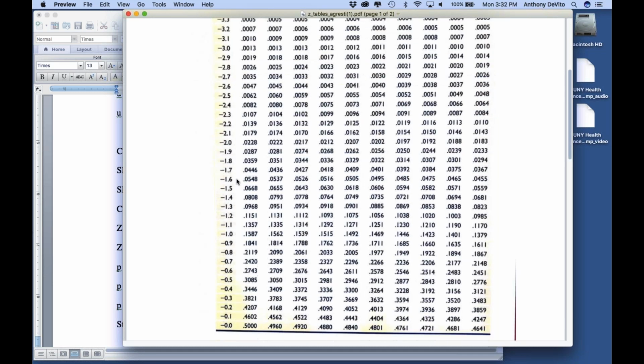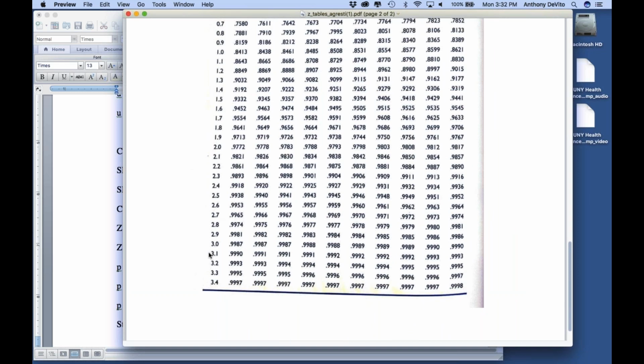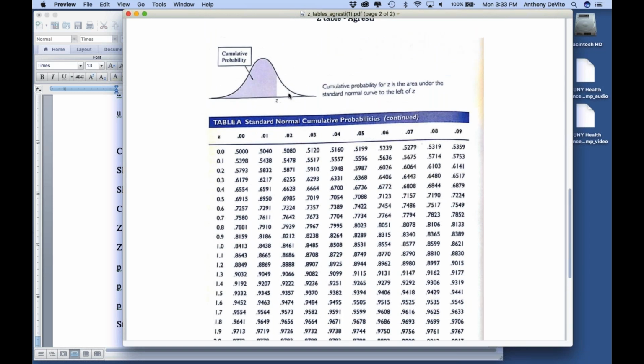I'm just saying that if you don't want to look up 3.14, it is 0.9992. So if you want the area in the tail, you have to subtract that from 1, so it becomes 0.0008. But instead you could look at negative 3.14.